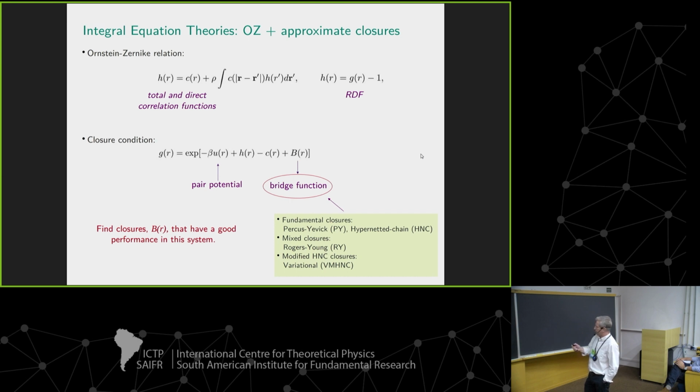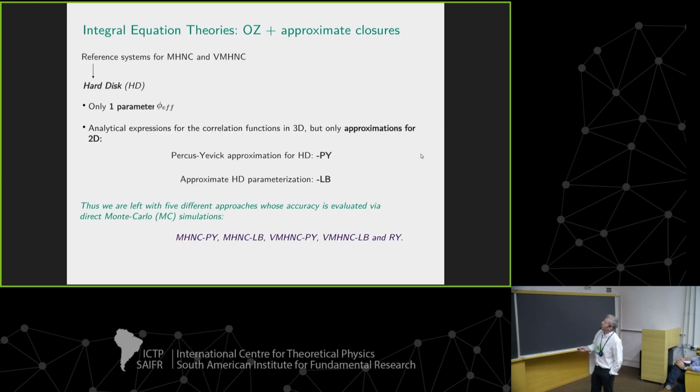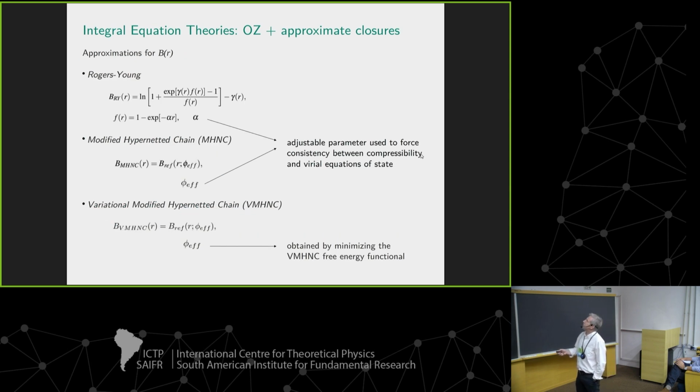The most common schemes are Percus-Yevick and hypernetted chain, and mixed schemes like Rogers-Young and variationally modified hypernetted chain. I will skip, just want to mention that we will pick just 3: the Rogers-Young scheme, which was already used for point dipolar, and the modified hypernetted chain, and the variationally modified hypernetted chain.